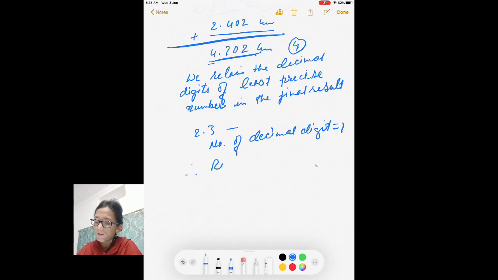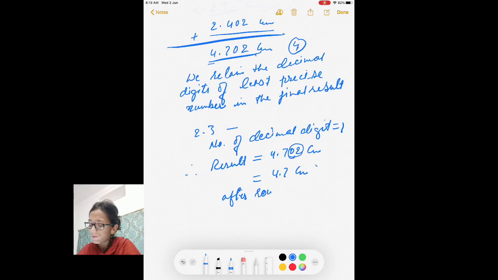Therefore, the result 4.702 centimeter must contain only one decimal digit. So you will just remove these numbers, and the final result will be equal to 4.7 centimeter after rounding off.